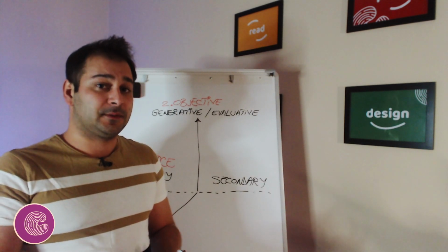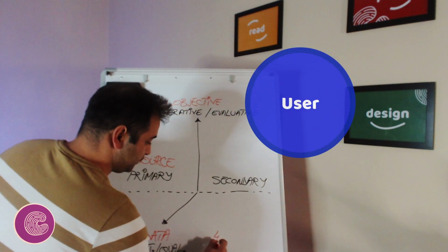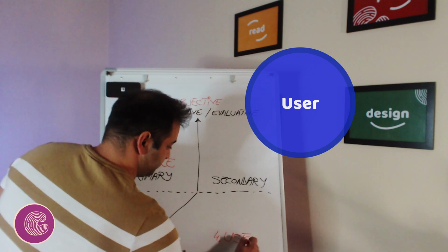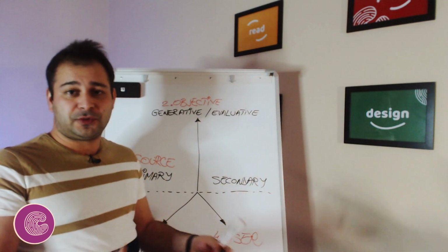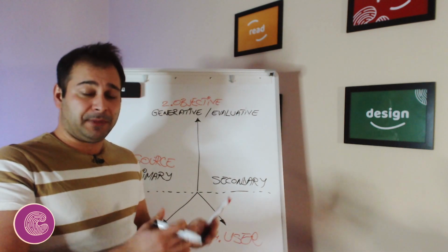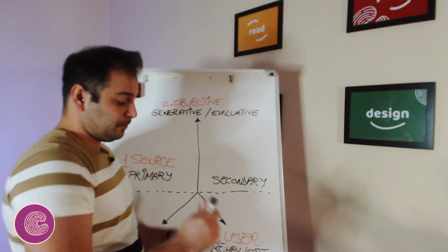Moving to the fourth dimension, it's the users or the people. And this one again branches into two types of research: behavioral research and attitudinal research.